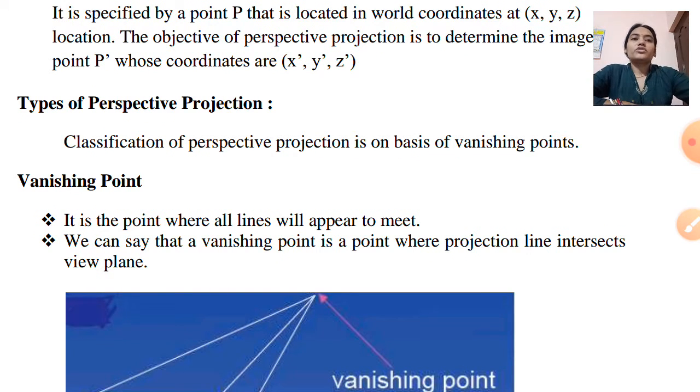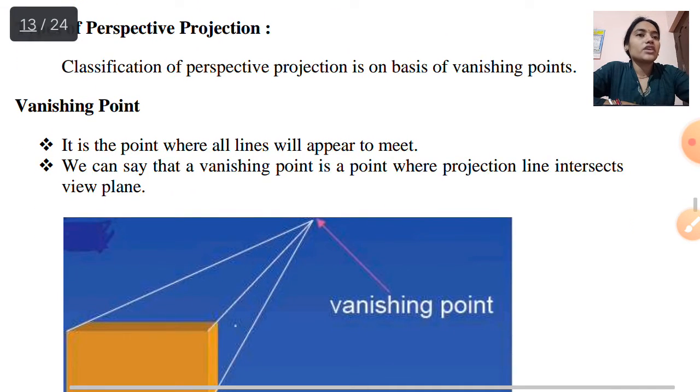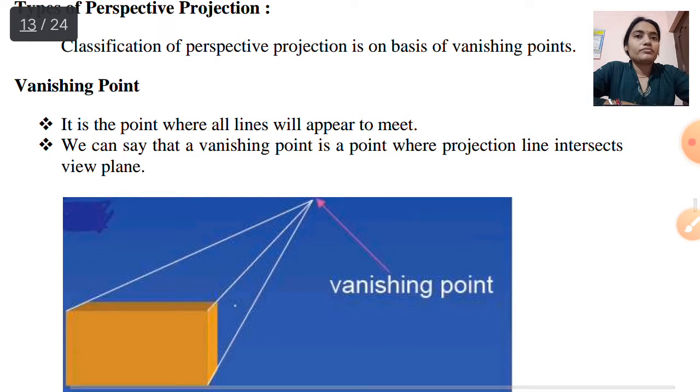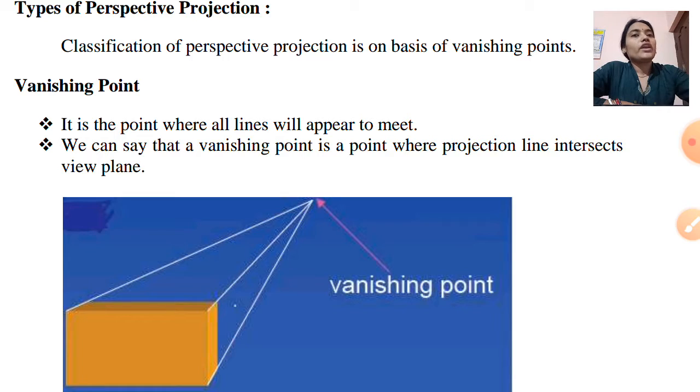Classification of perspective projection is on the basis of vanishing point. What is a vanishing point? First we discuss that, then we categorize the perspective projection. It is the point where all lines appear to meet. We can say that a vanishing point is a point where projection lines intersect the view plane.